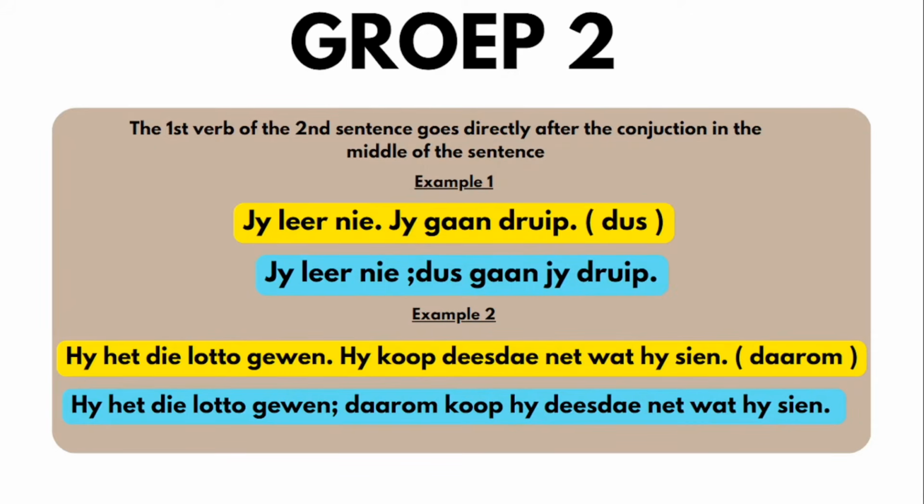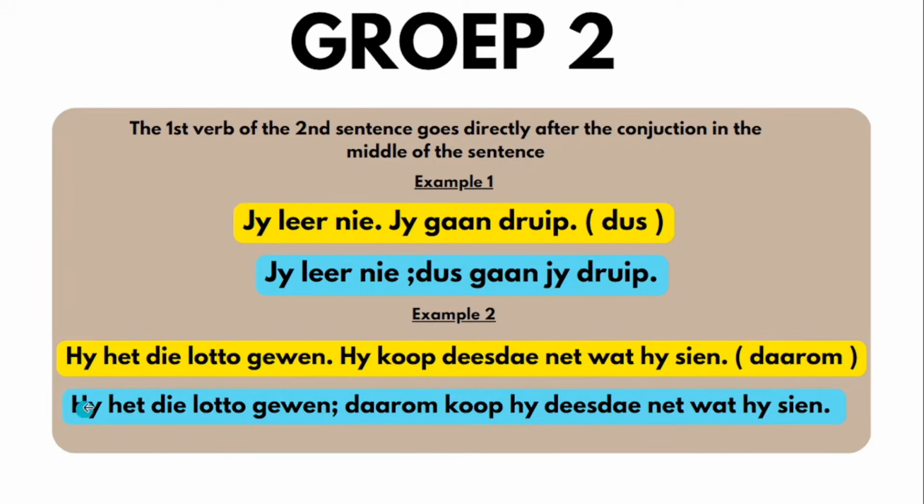Got it? All right. So what I also want you to know is that you need to put a semicolon in there for, I think, the majority of the ones in group 2. Okay, let's look at example 2. Hy het die lotto gewen. Hy koop deesdae net wat hy sien. And then you were given daarom.